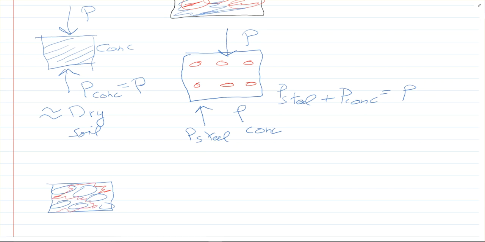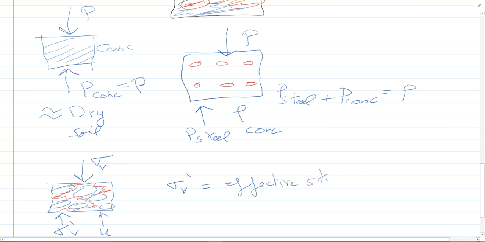If we apply load P, now let's say it's not a force, it's a stress. So if we apply the vertical stress, the soil would react in sigma dash V and U, where sigma dash V is nothing but the effective stress. The effective stress is the stress that your actual solid particles would feel.